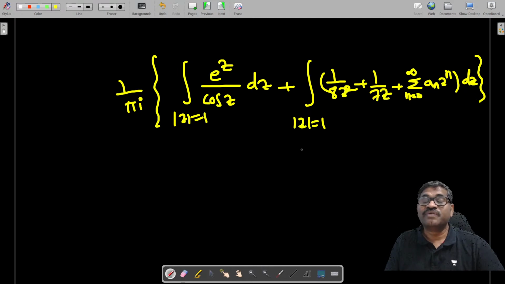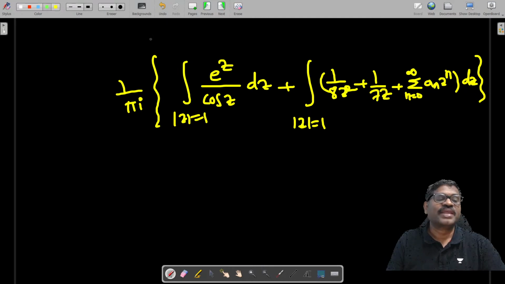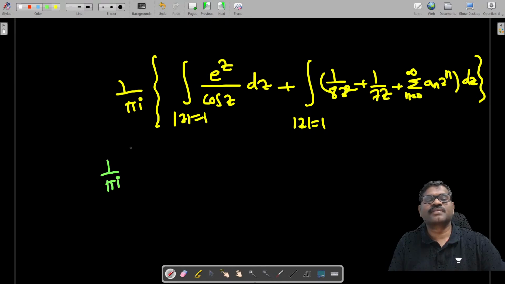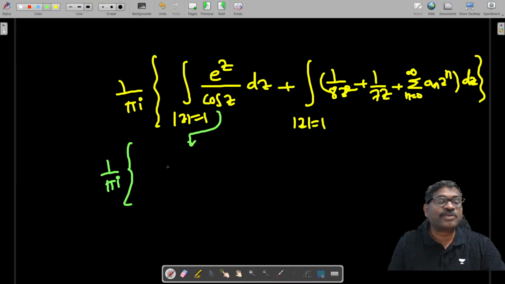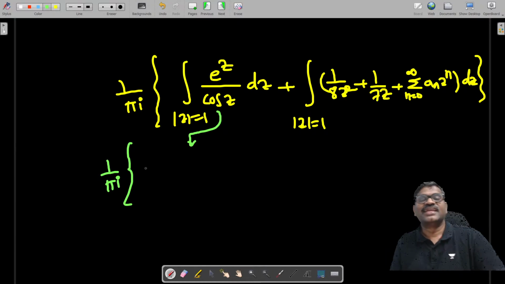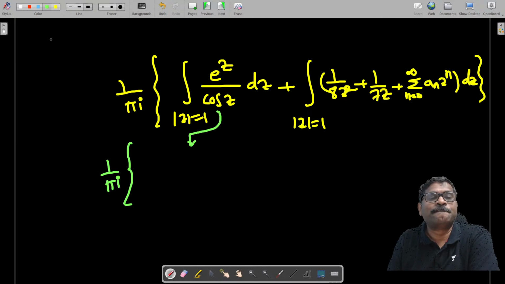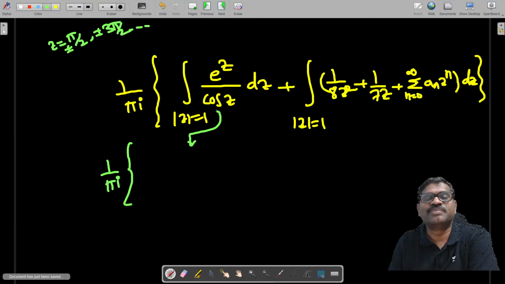Observe carefully. In 1 by pi i integral of e power z by cos z dz, what are the singular points of cos z? z equal to pi by 2, plus or minus 3 pi by 2 and so on, because for cos z the singular points are 2n plus or minus 1 into pi by 2.